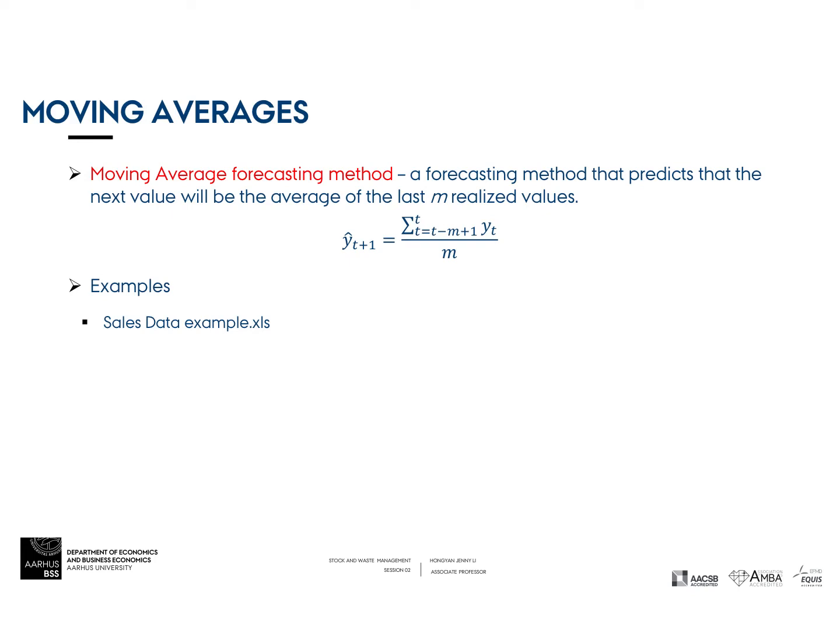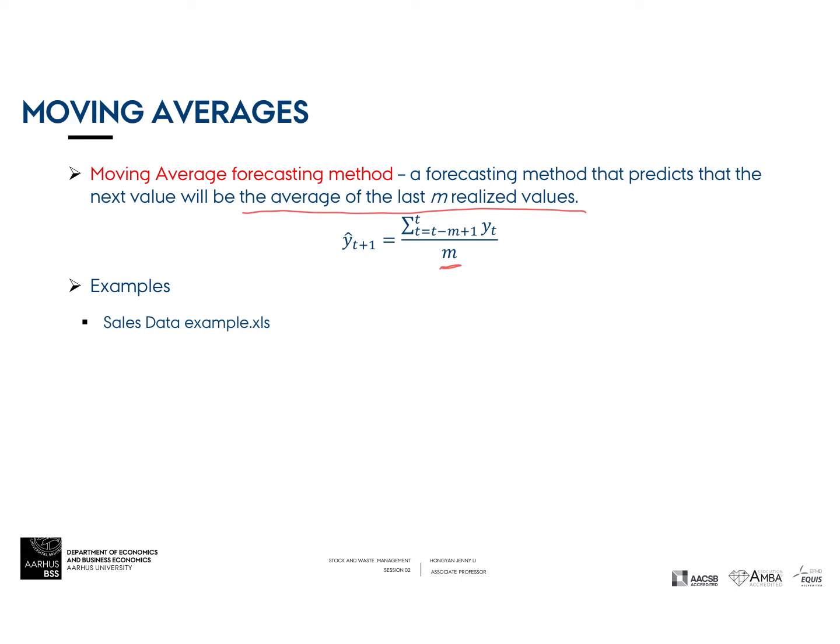The moving average forecasting method predicts the next value will be the average of the last m realized values. Of course, the closer the period, the more it maybe reflects reality. So you can decide to choose the average of the last 3 periods, 4 periods, or 5 periods.